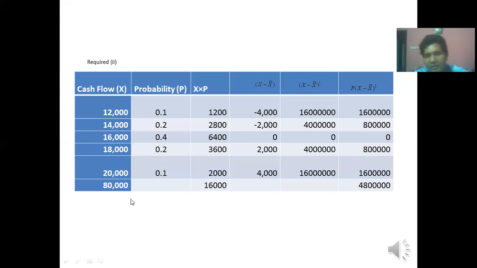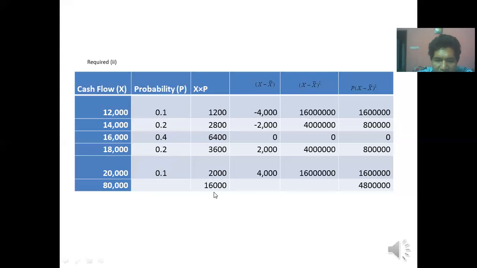We can check it. Now we have to multiply the probability, 12,000 into 0.1, here is the result, 14,000 by 0.2, 16,000 by 0.4, 18,000 by 0.2, 20,000 by 0.1. Here is the result. And now what is the mean of this?